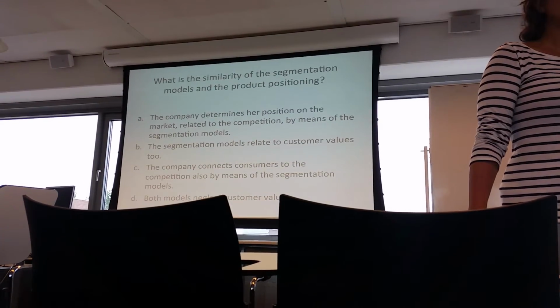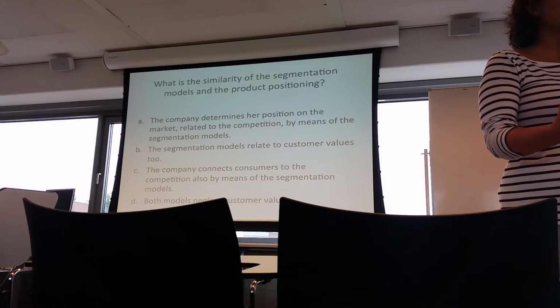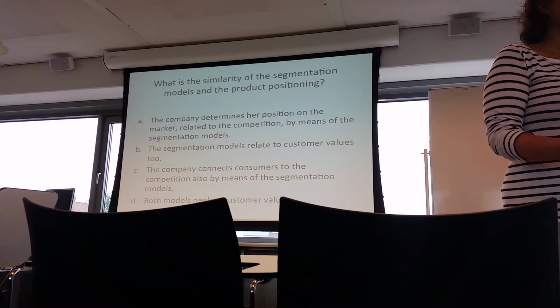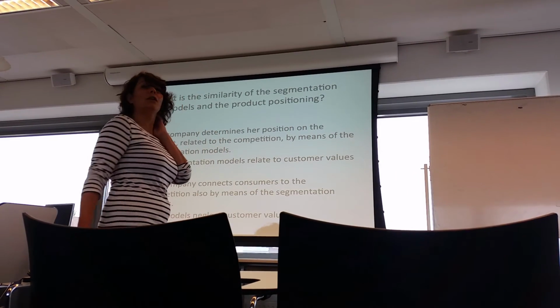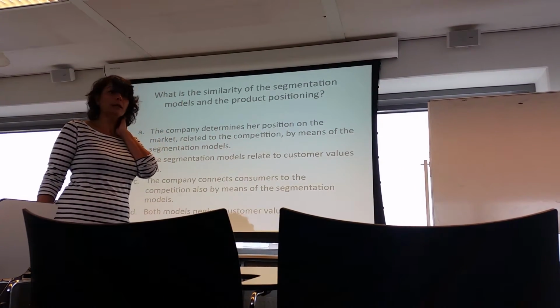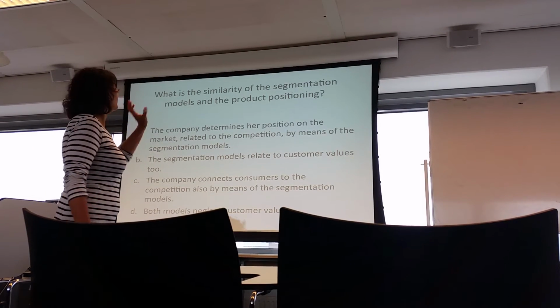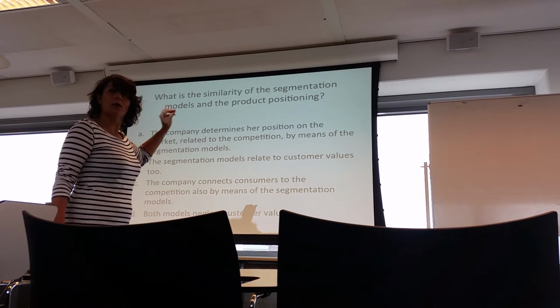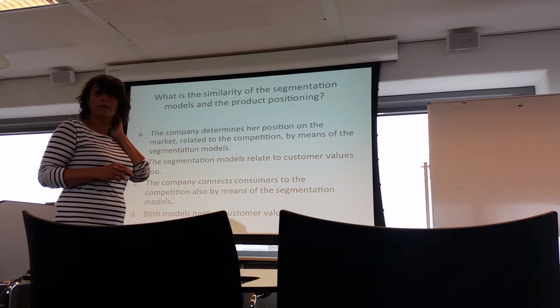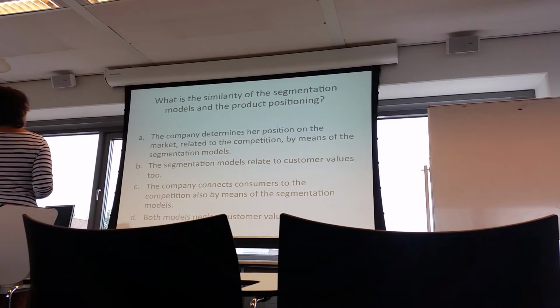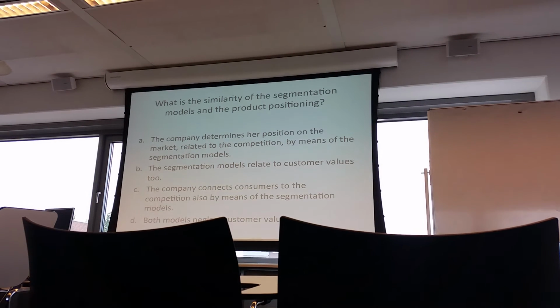The drivers are also values like status or adventure. It's a good answer and good explanation. Is that clear to you all why it is B? If you read the question carefully, it's about the similarity. So what is the same thing in those models? Good answer. Correct answer.